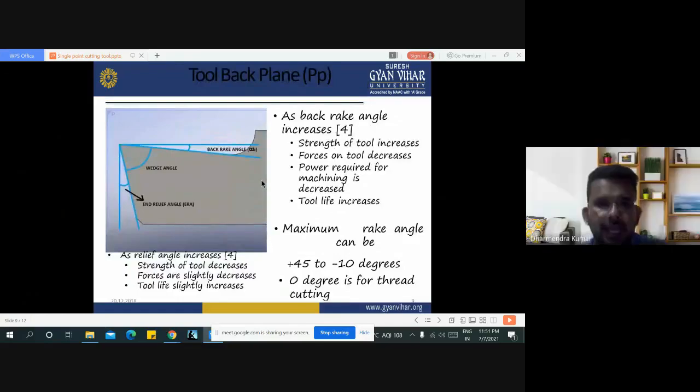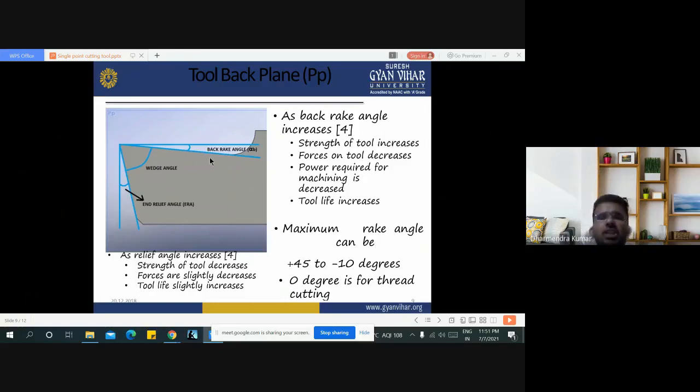Here is the back angle, known as the back rake angle. Here one point of the back rake angle is associated with the nose radius. This is the end relief angle. The tool life is also dependent on the back rake angle and our cutting speed. The nature of chip formation also depends on the back rake angle.